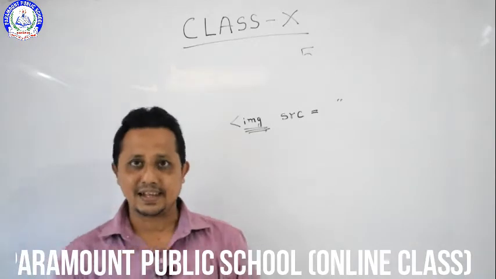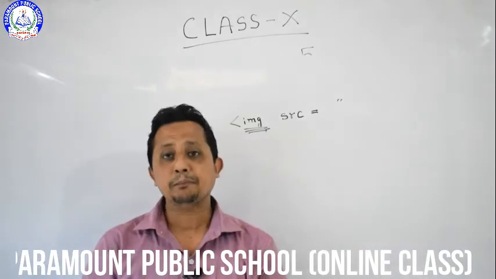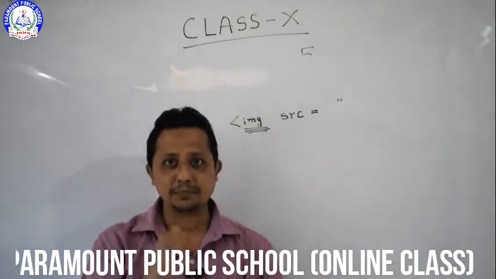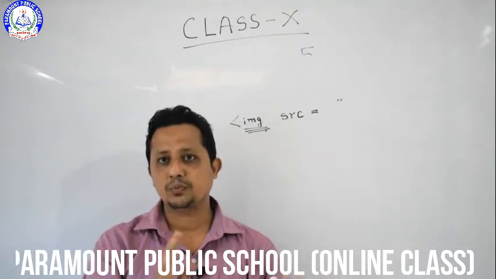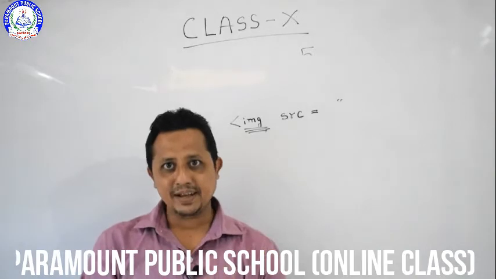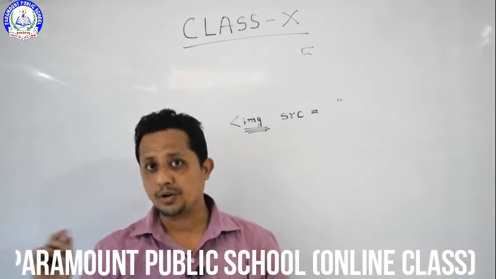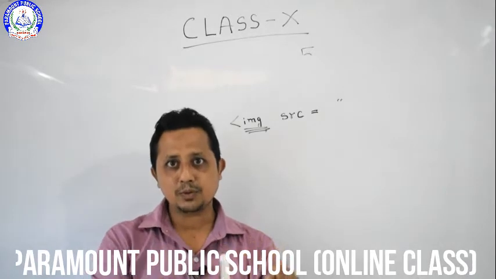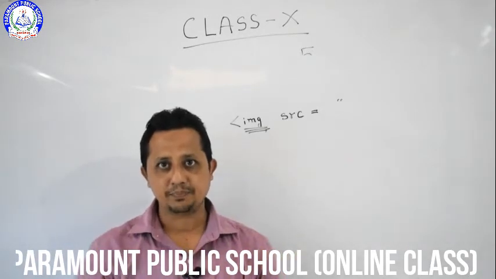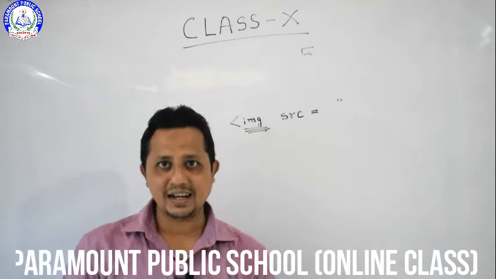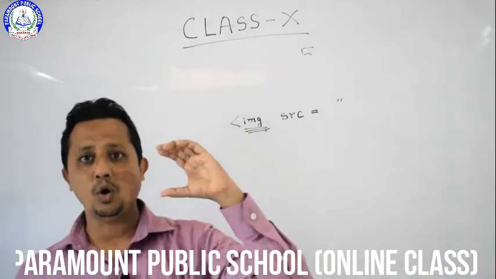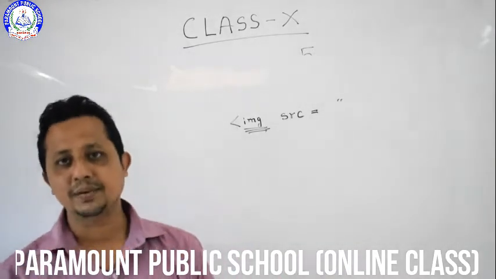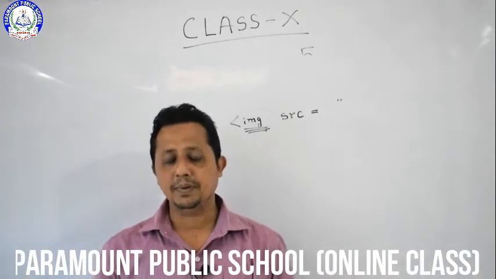Then the empty tags. In HTML, we have also seen that there are empty tags. Now I am telling what is an empty tag. There are two types of element: empty element and container element. Those tags that have both on tag and off tag are known as container elements, and those that have only on tag but do not have off tag are known as empty tags or empty elements.